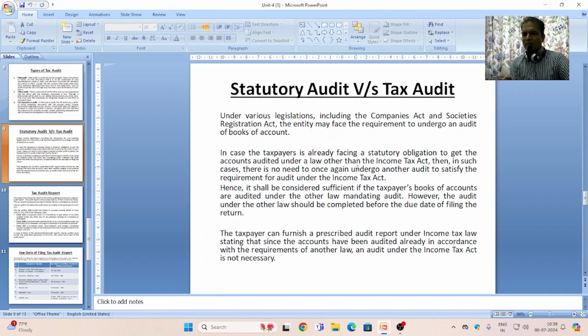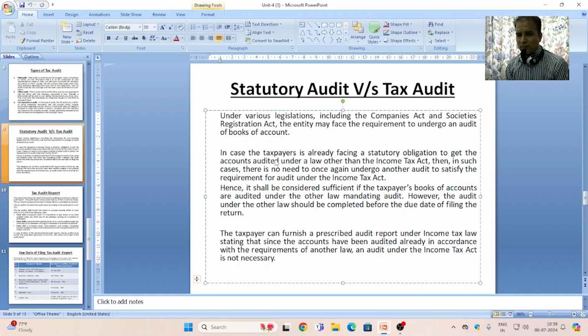Let me discuss some relation between the statutory audit and tax audit. Under various legislations, including the Companies Act and Societies Registration Act, the entity may face the requirement to undergo an audit of books of accounts. Means audit is there.